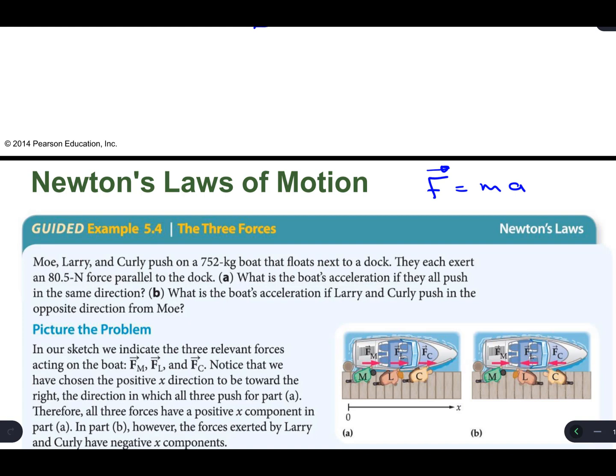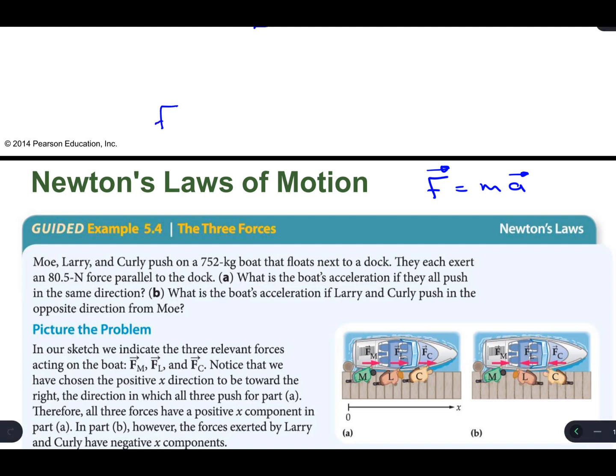As we said, it has magnitude, or what we call strength, and direction. Also, the acceleration has magnitude and direction. So we can apply this on the x, y, z, the 3 dimensions.